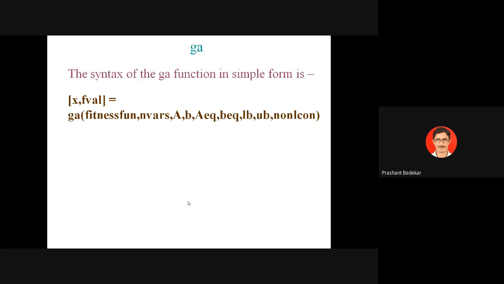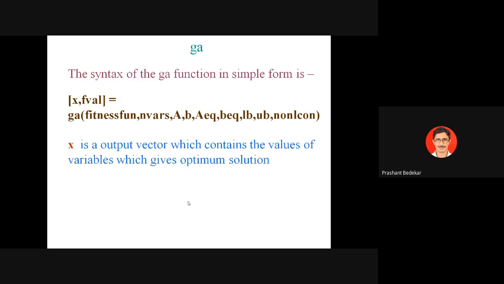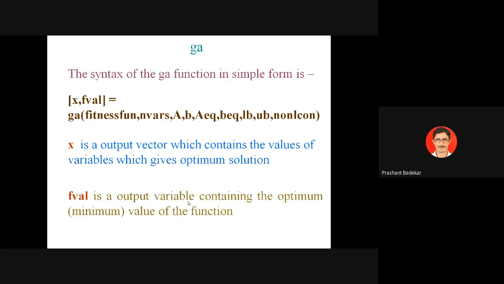The left hand side things carry the same meaning. X is the output vector which contains the values of variables which give the optimum solution. FVAL is an output variable containing the output value of the function. Then in place of fmincon, it is GA. Then fitness function.